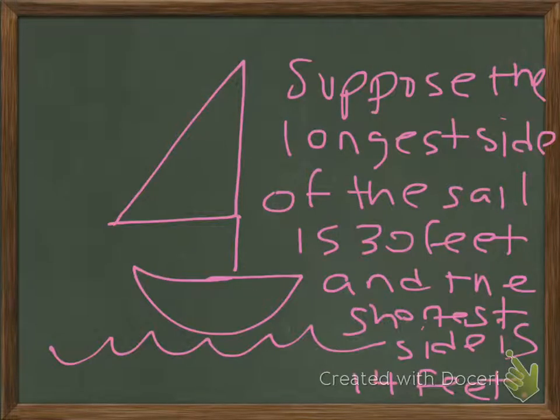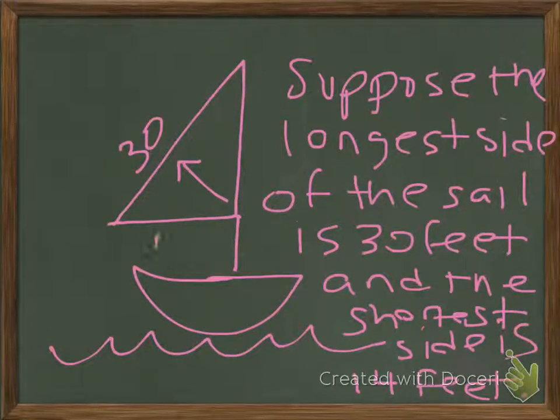The next one, we're given a boat sail, and it tells us, suppose the longest side of the sail is 30 feet. The longest side is always your hypotenuse, across from your right angle, so 30 goes there. The shortest side is 14.